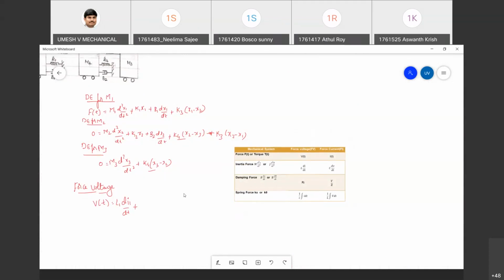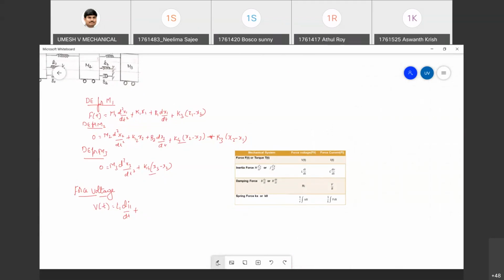So K is proportional to the force voltage, 1 by C1 integral of I1 dt, plus B1 is proportional to R1 I1, plus K3 means 1 by C3 integral of I1 minus I2 dt.